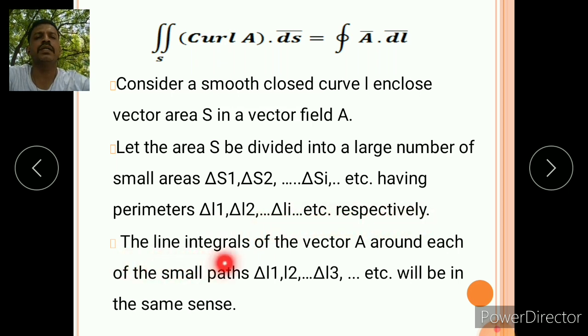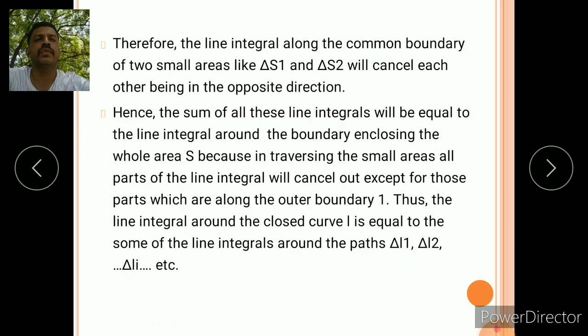The line integral of the vector A around each of the small paths delta L1, delta L2, delta L3, etc. will be in the same sense. Therefore, the line integral along a common boundary of two small areas like delta S1 and delta S2 will cancel each other, being in the opposite direction.